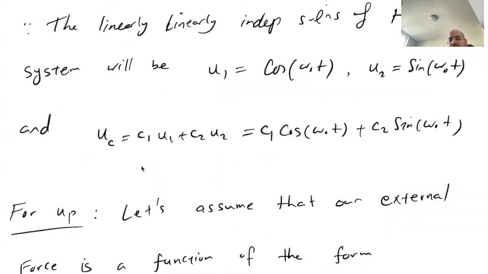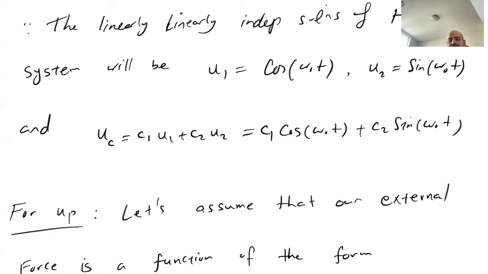Because the general solution for the homogeneous equation can be written as any linear combination of these two functions. So if cos 2t and sine 2t are linearly independent solutions, any linear combination of them will also be a solution, but cos 3t will not be a solution anymore.